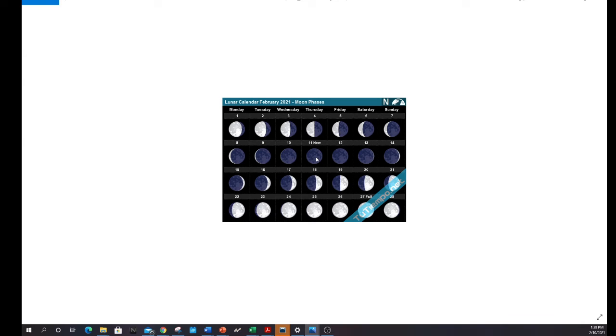Tomorrow, the 11th, will be the new moon. This means that the moon is not visible at night, because the new moon rises at sunrise and sets at sunset. So we can only see the moon during the day. And during a new moon, you cannot see it very well, usually because it is too close to the sun.